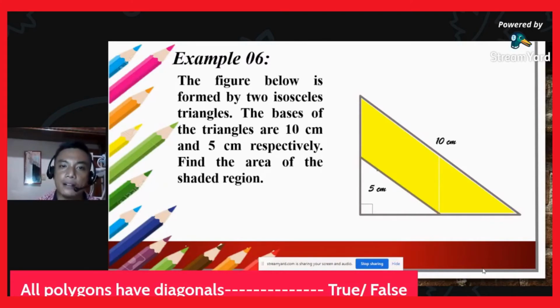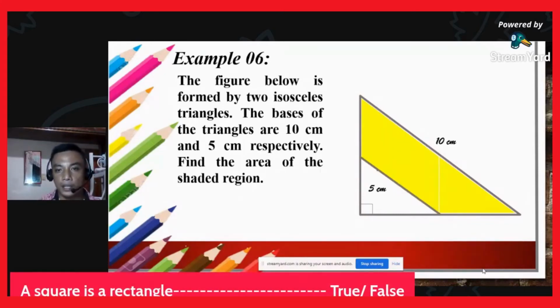The bases of the triangles are 10 centimeters and 5 centimeters respectively. Now, we're going to find the area of the shaded region. Take note that the triangle is an isosceles triangle. We have two isosceles triangles, the unshaded part and the triangle as a whole. Now, we're going to find the area of the shaded region.